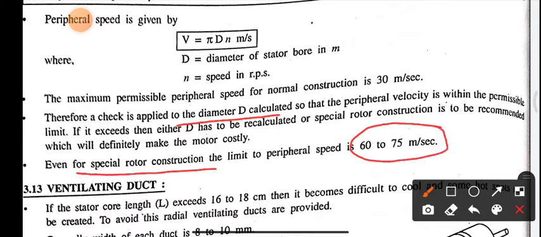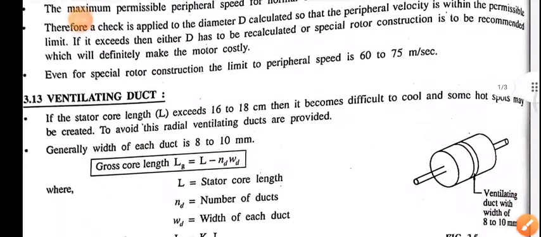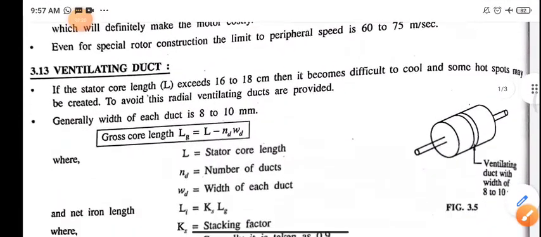So that is the upper limit for the value of the peripheral speed. So in this topic, you mainly have to remember the peripheral speed equation, V is equal to pi d n meter per second, where d is the diameter of the bore in meter and n is the speed in RPS. So next term is ventilating duct.